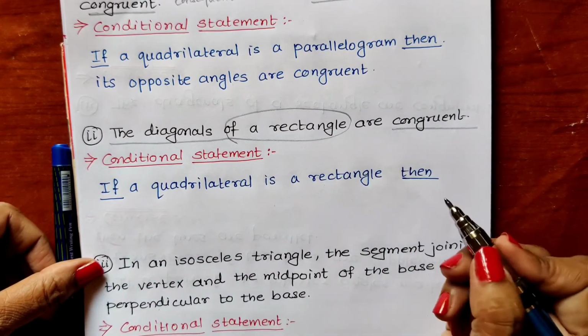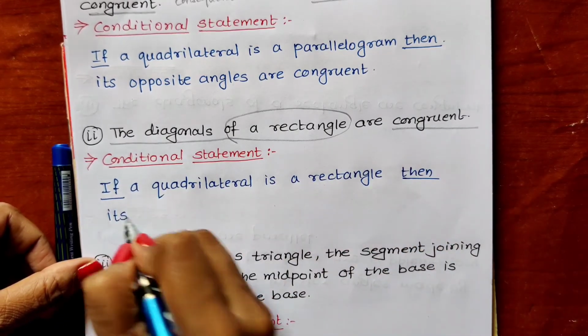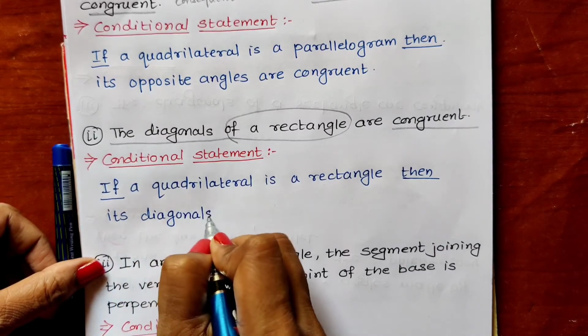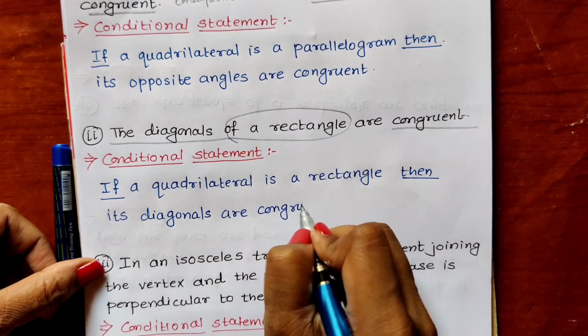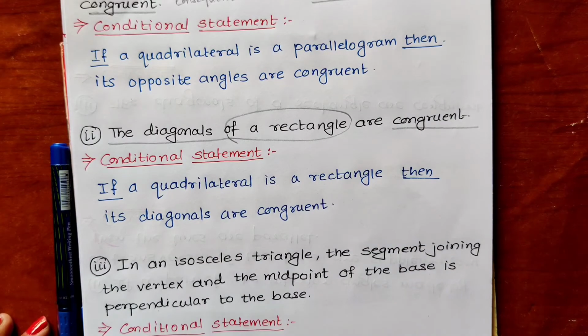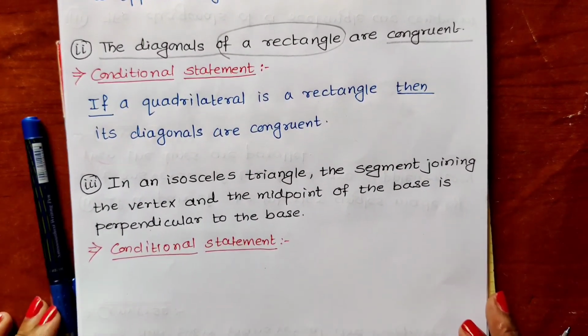Then what will be there? Then the diagonals are congruent. Then its diagonals are congruent. In this way, we will have to recognize two parts of our statement. Now let us see the third statement.